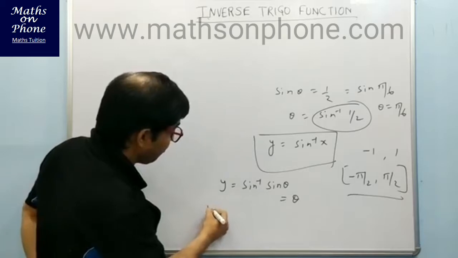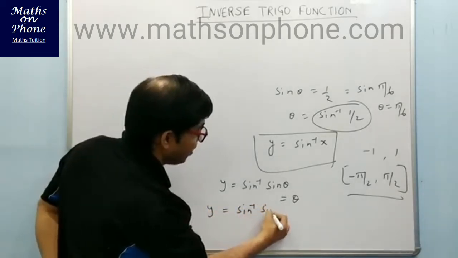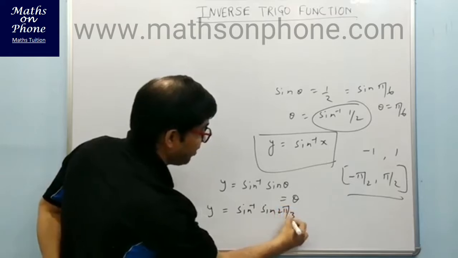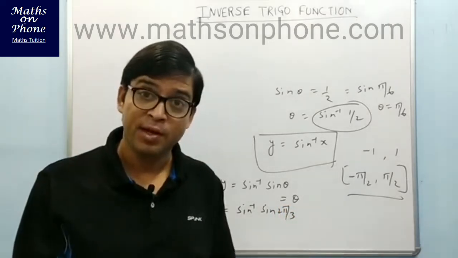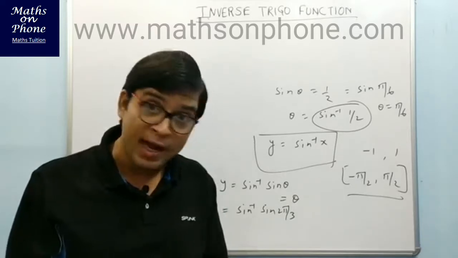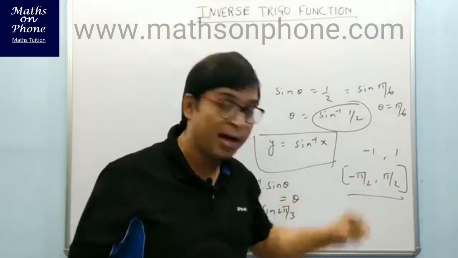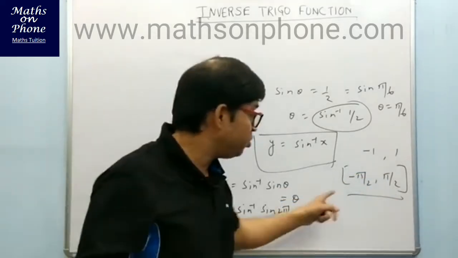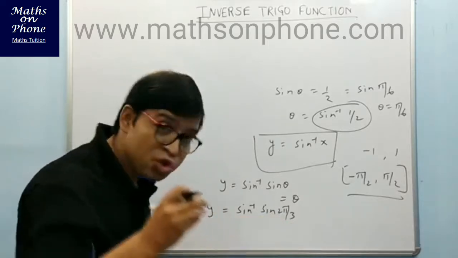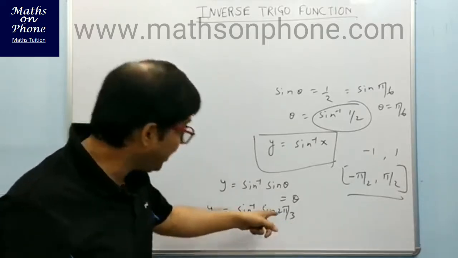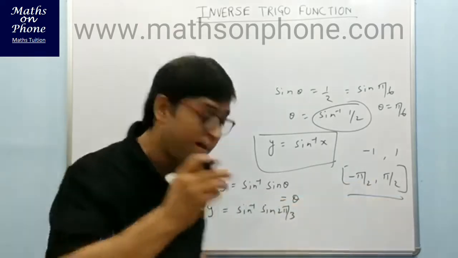Suppose y is equal to sine inverse sine 2 pi by 3. What is the answer? Tell me. Is it 2 pi by 3? No, it cannot be. It should be between minus pi by 2 to pi by 2, minus 90 to plus 90. It is not; it is 120 degree. So we have to bring this theta in between minus pi by 2 to pi by 2.